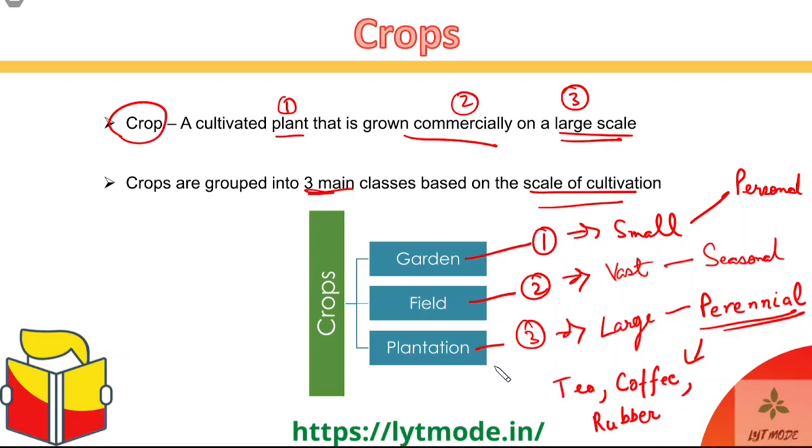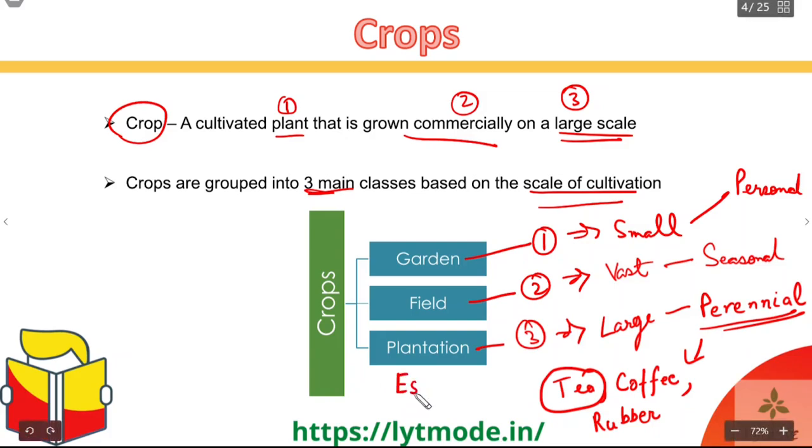Okay, so by plantations I mean they are estates. So I hope you must have seen tea gardens, or coffee estates. If not coffee estates, tea gardens are very common, and most people have seen them. If not in real life, then at least in photographs. So tea gardens are basically estates.